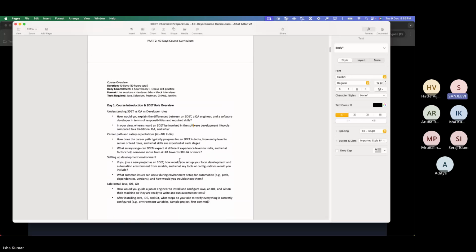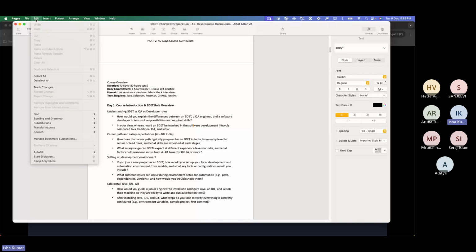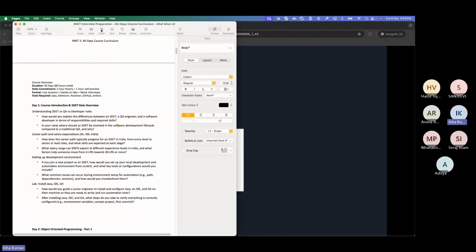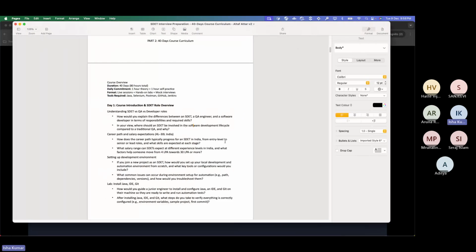Can you zoom in a bit? You want me to zoom? Okay, let me find where the zoom is. I'm not able to find the zoom option here.